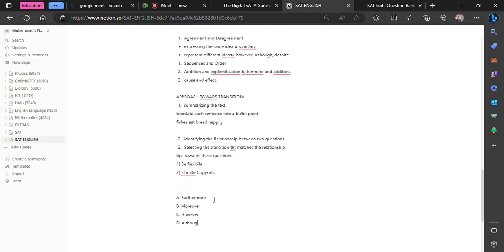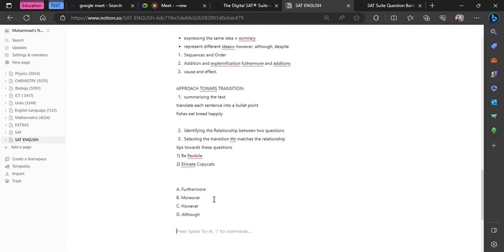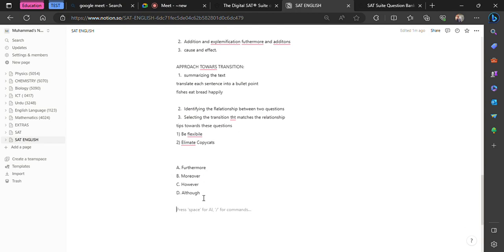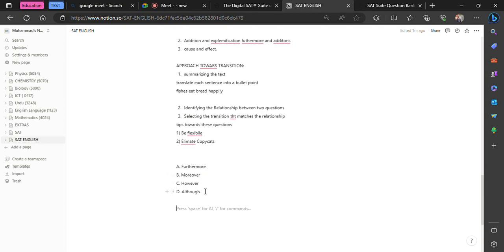So let's suppose there's a specific transition question and we are provided with these 4 options. We can safely eliminate furthermore and moreover because they are continuous, they continue on with the same idea. So option A and option B can be successfully discarded, and now you are left with 2 choices, and seeing the context of the question you can select one of the options. So that's how easy it's going to be.